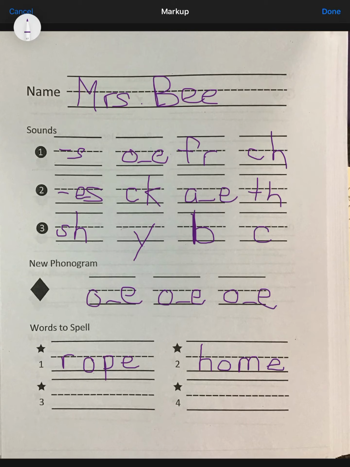I can use my cat kite rule and remember, if it's a K and the next letter is an A, O, or U, it has to be a C. If it's an I or an E, it has to be a K. So, K, O. That's going to be a C with my cat kite rule.